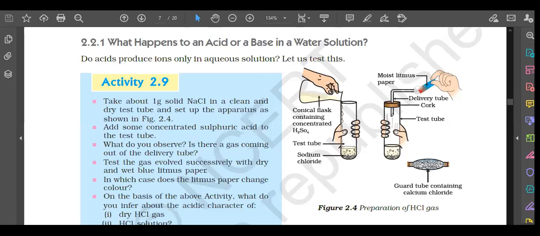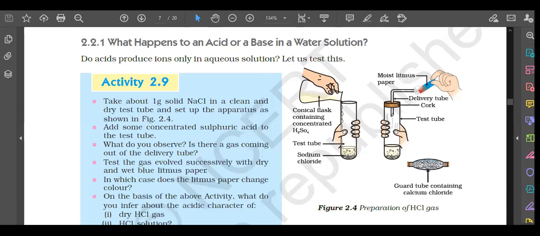Nothing will happen, Ragini, because it is neutral. Just think about this. Someone asked what will happen if you put your litmus paper in water. Litmus paper will change color if there's acid or base, but obviously it will not change color when your solution is neutral.